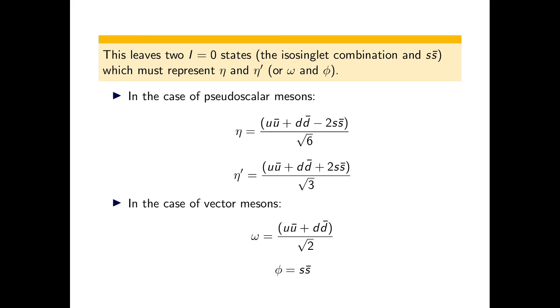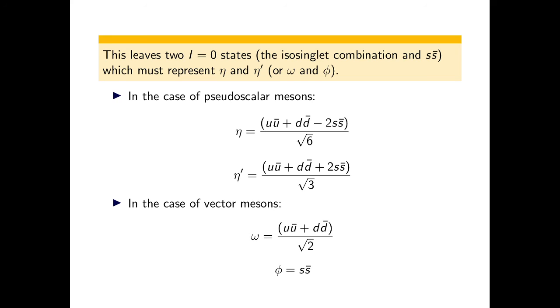Okay, but this leaves eta and eta dash, or omega and phi, depending on whether it's pseudoscalar or vector. These are given by the two I equal to 0 states, the isosinglet combination and the s s-bar state.